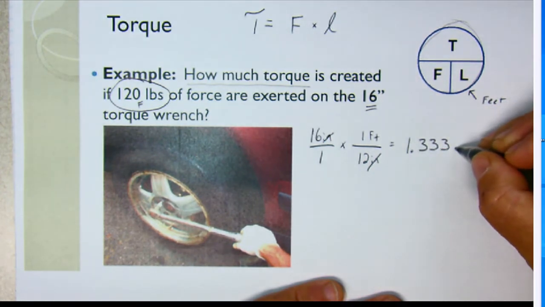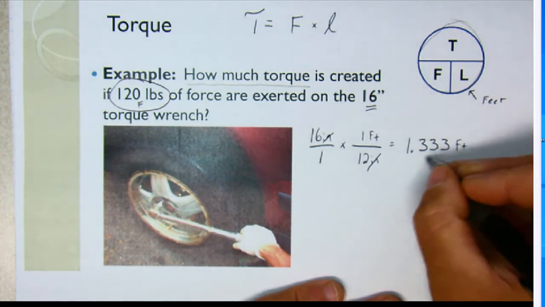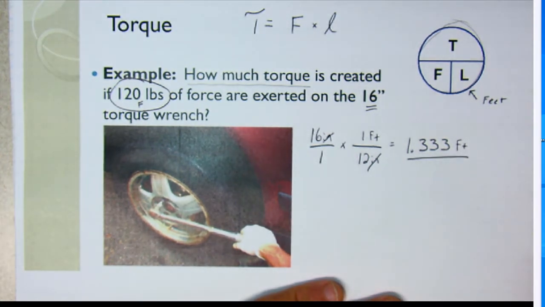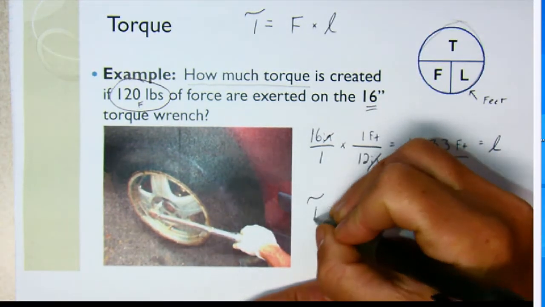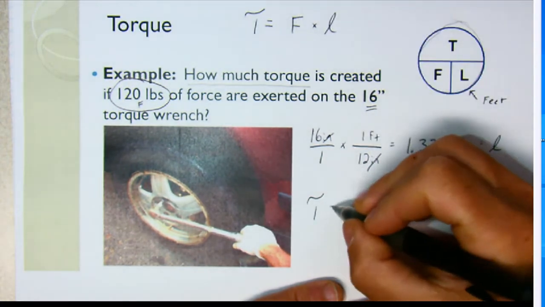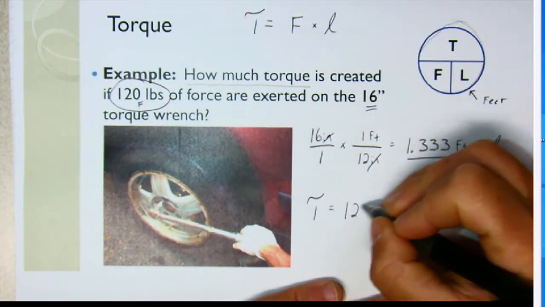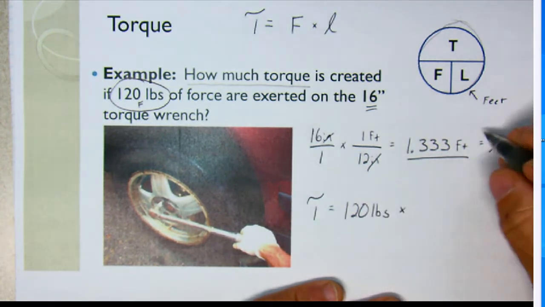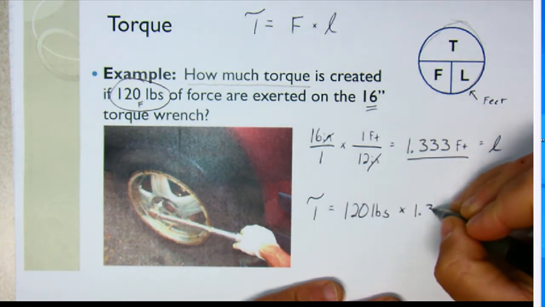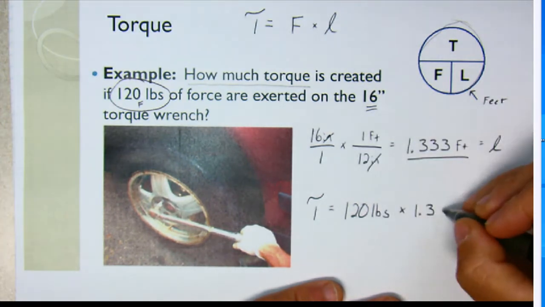And we'll leave 3 decimals on there to avoid rounding error. So that's 1.333 feet. And that is our lever length. So now let's find our torque. T is equal to F times L, and so a force of 120 pounds times a lever length of 1.333 feet, or that reduces to 4/3.